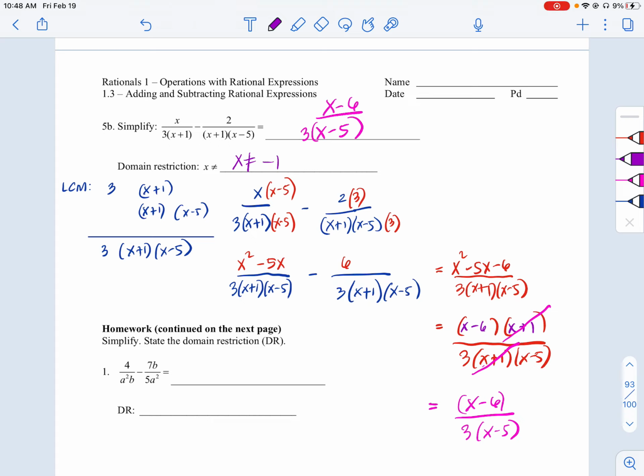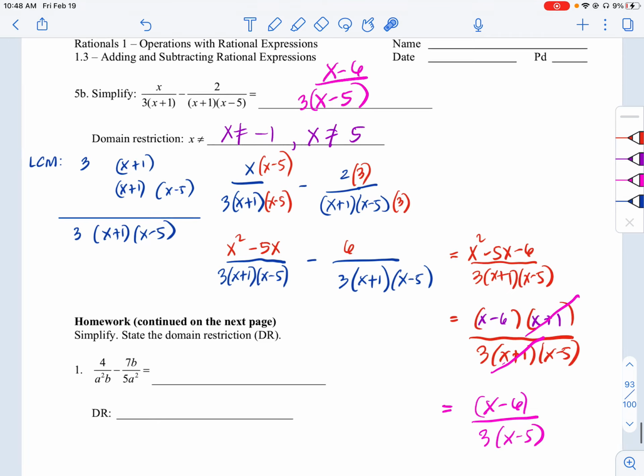So I cannot afford for that x to be a negative 1. And then same thing with this. Here, that x cannot be a positive 5 because if this x is a 5, 5 minus 5 becomes a 0, and we are not allowed to have a 0 in the denominator. Okay, there you have it.